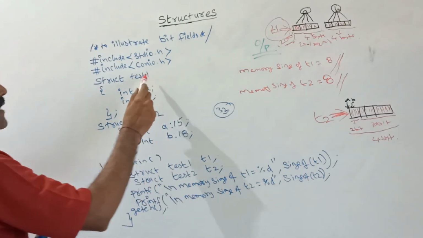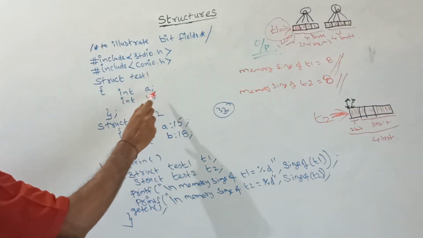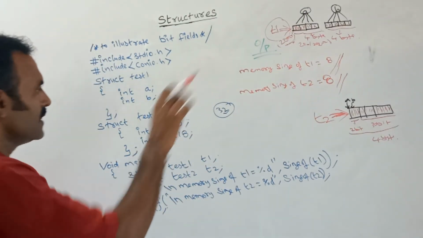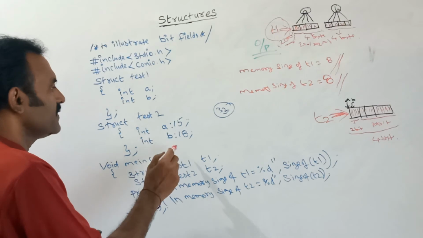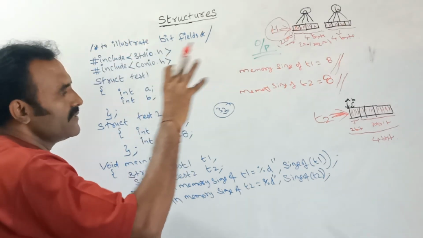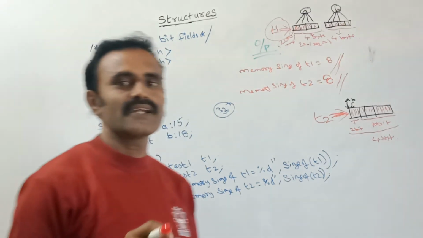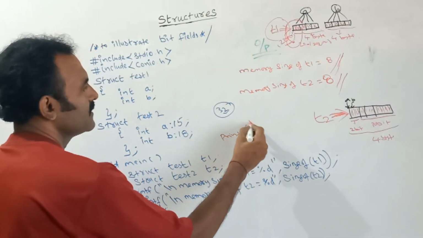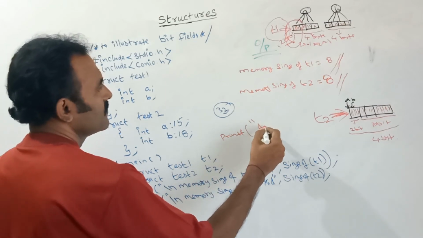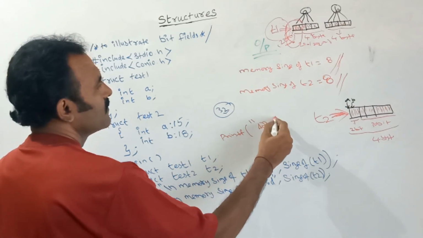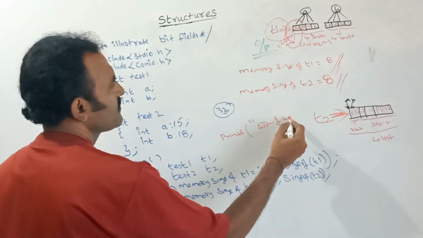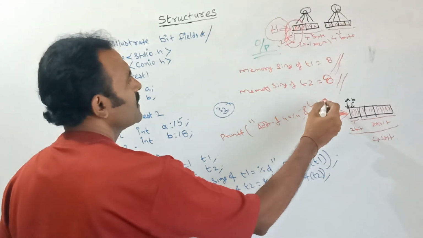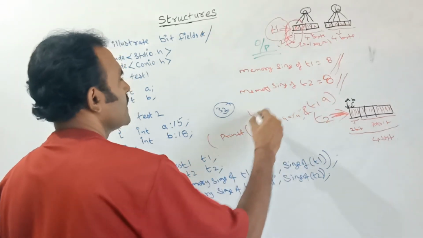Normally if you declare the variables like this, integer A and B, then we can find the address and print that address. Suppose if we are using the bit field, here we can't find the bit field address. If we want to print the address, we can print like this: printf address of A is equal to %u, comma, ampersand of T1.A.